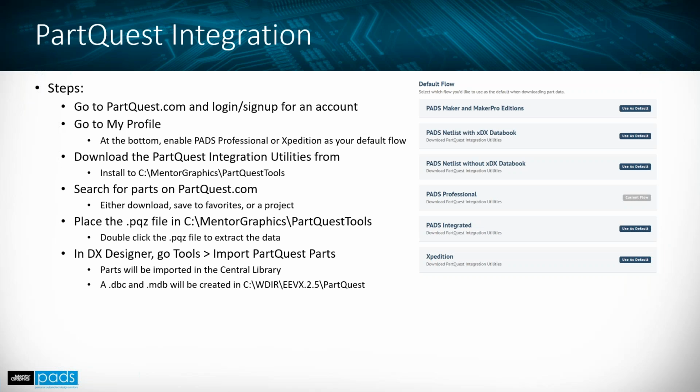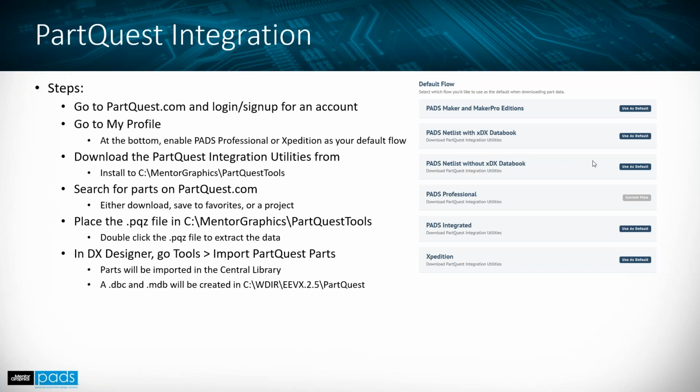The first one is to go to partquest.com to log in or sign up for an account and pair that with your DigiKey account. That should be fairly straightforward. The next step is to go to your profile location and enable which flow you are currently working with. When I refer to flow, I'm talking about PADS Professional, Expedition, or even PADS.